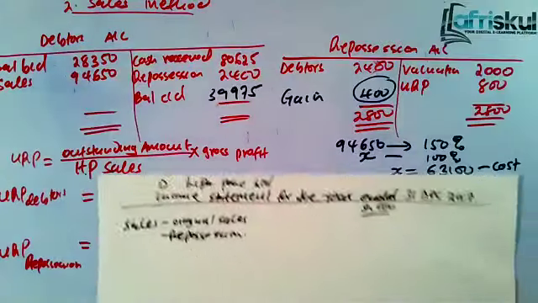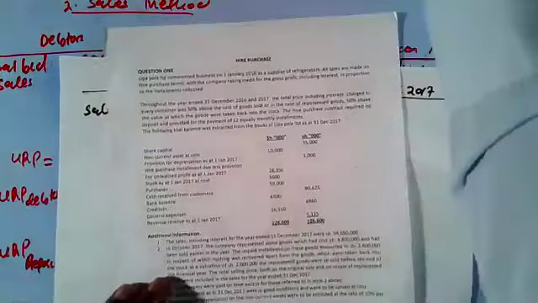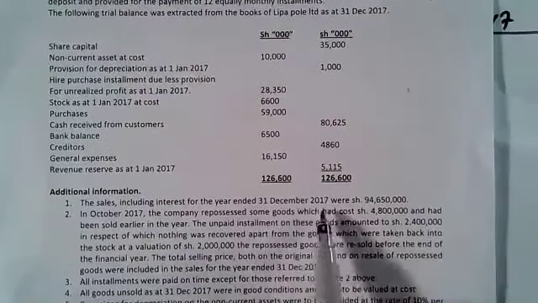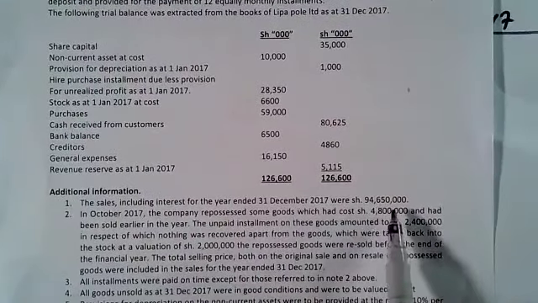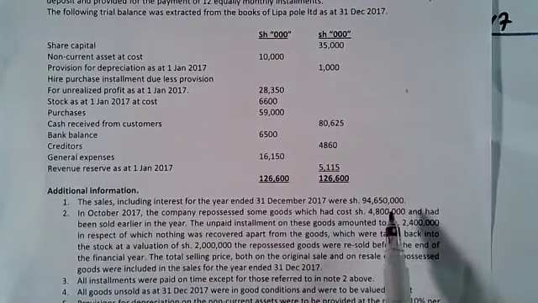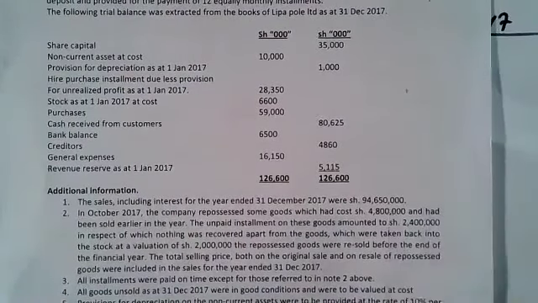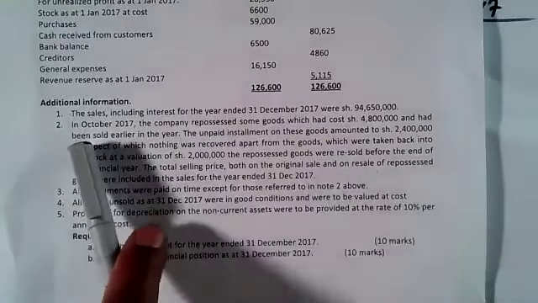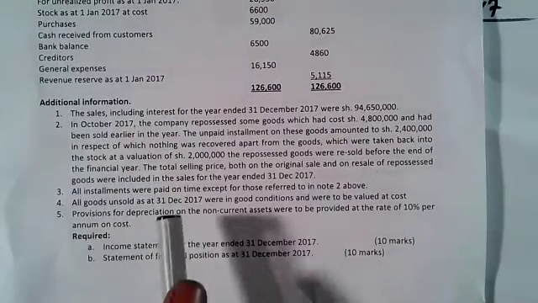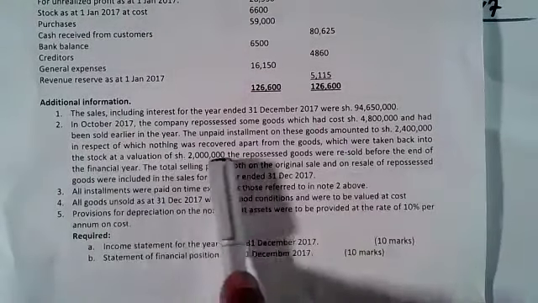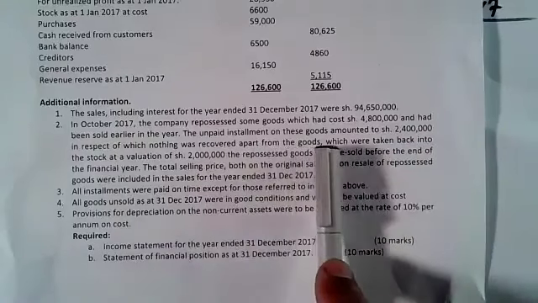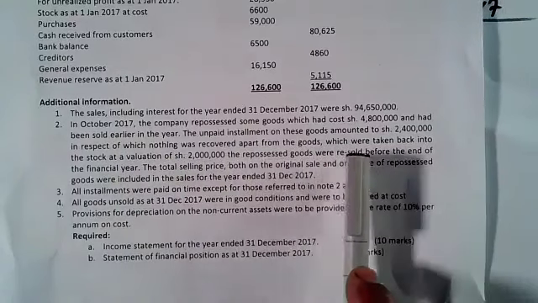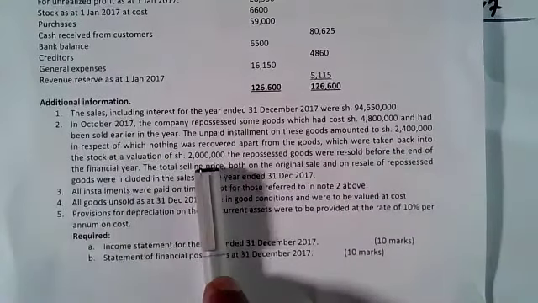You see note number 1, you were told, if I take you back to note number 1, you are given the sales including interest for the year ended 1st December 2017 were 94,650. Those were the sales. So in that, coming to note number 2, down here, you are told that the unpaid installment on this good amounted to 2.4, in respect of which nothing was recovered apart from the goods, which were taken back into the stock at a valuation of 2 million.